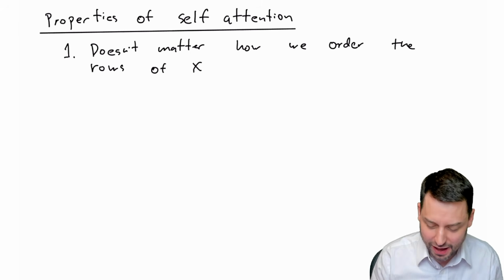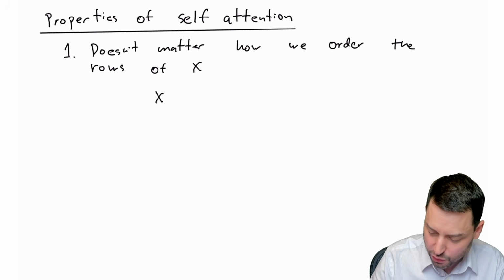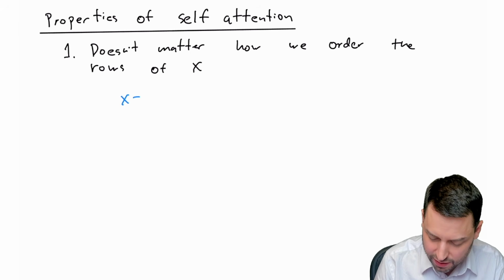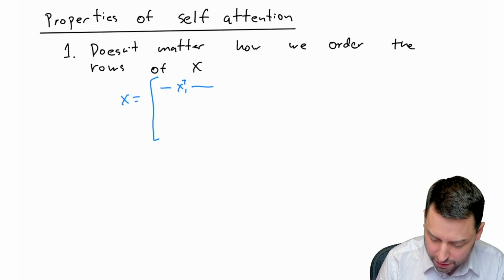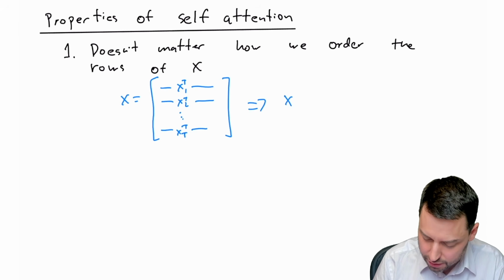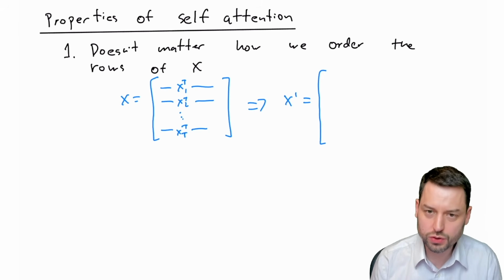What I mean by that is if we have our matrix X and we shuffle the rows. So let's suppose that X is equal to the first row, the second row, etc. And let's consider an alternative version of X where the rows are all mixed together.